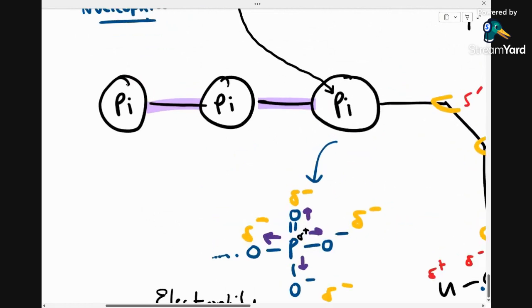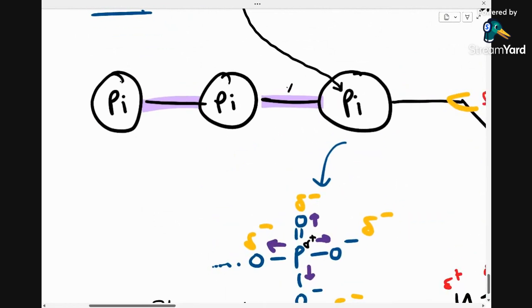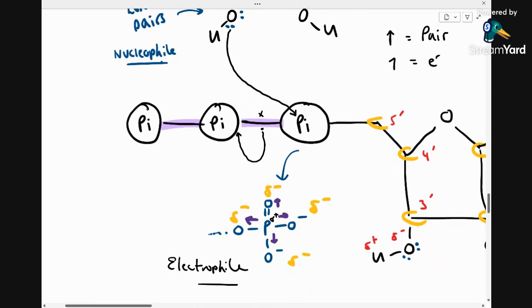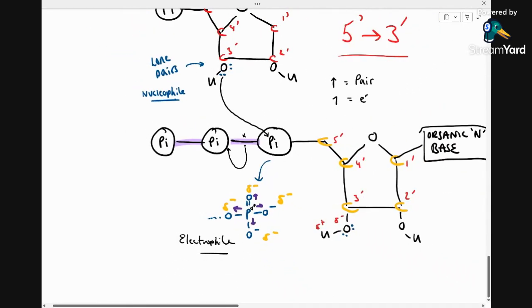What then happens is the 2 electrons in this covalent bond break off and get given back to that phosphate group. So both of those double-headed arrows move, which means you have the net result of forming this bond.